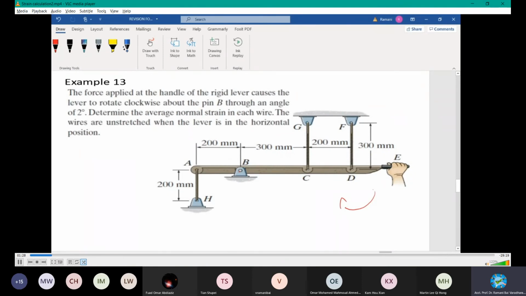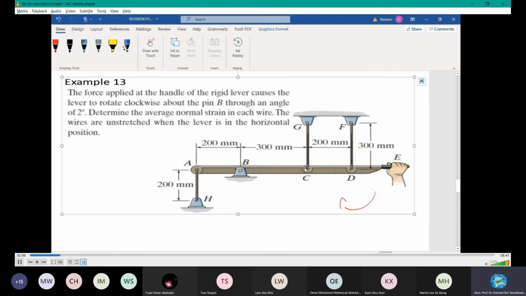All these things are in equilibrium when no load is applied at E, with the length at AH as 200, and GC and FD are 300 and 300 at equilibrium, when no load is applied at E.